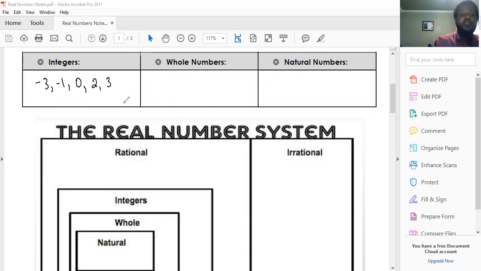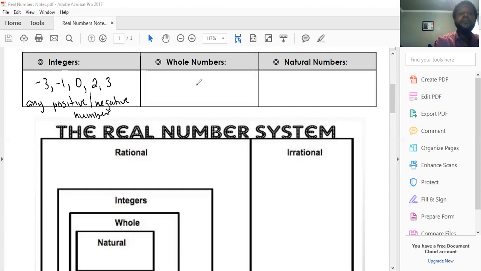Any of those numbers can be considered integers. Integers just cannot be decimals, they cannot be fractions, but they can be any number, negative or positive, that is whole, and that also includes the number 0. Okay, so integers are any positive or negative number.